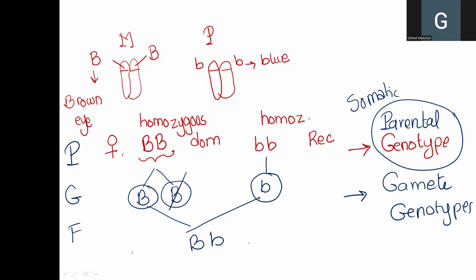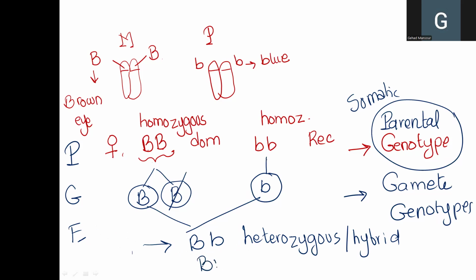Since brown is dominant, this is the genotype of F, which is the first filial generation or the offspring, then they will be heterozygous or hybrid because they are made of one dominant allele and one recessive allele. This is the offspring genotype of their somatic cells, but their phenotype will be brown-eyed. So all of them will be brown-eyed.